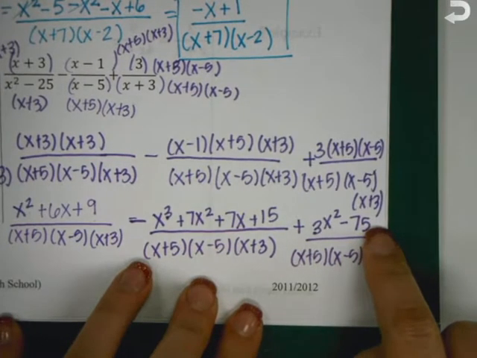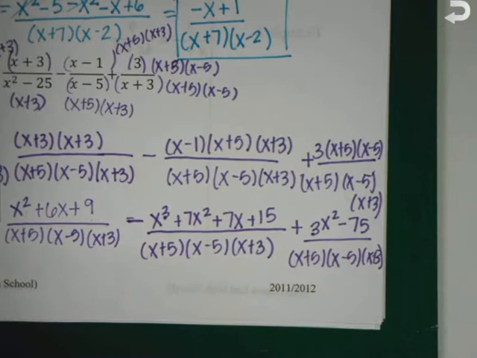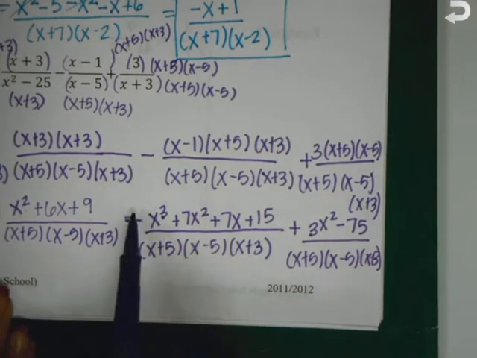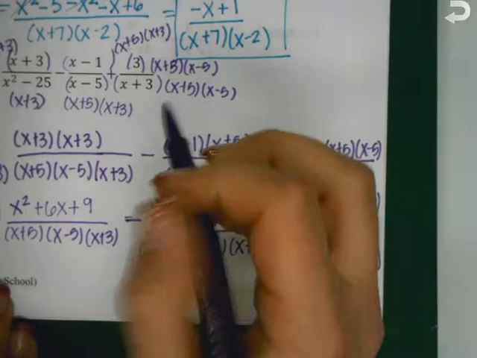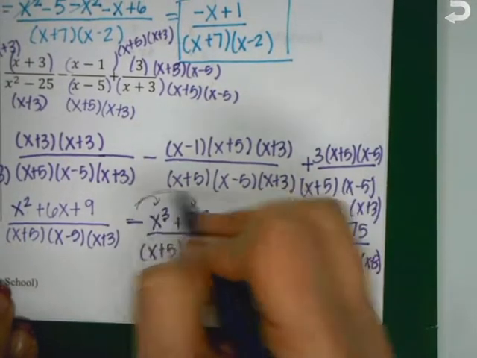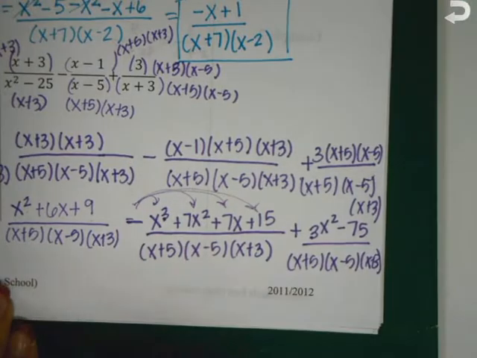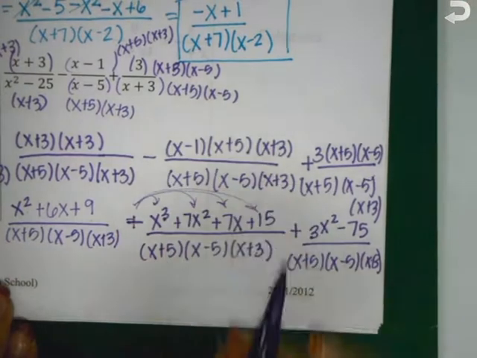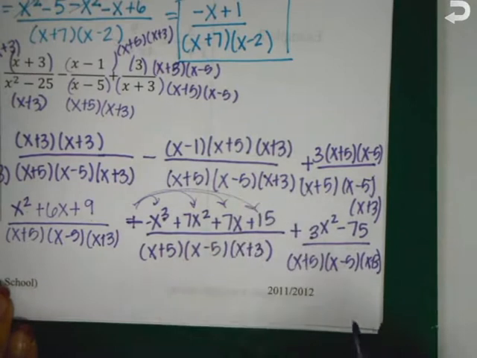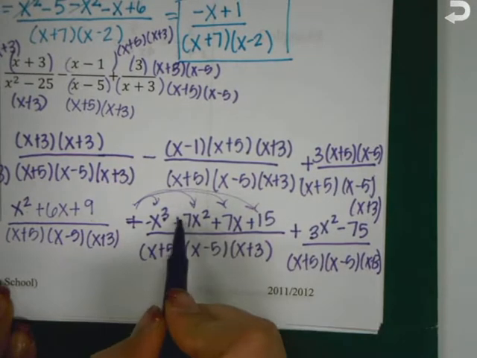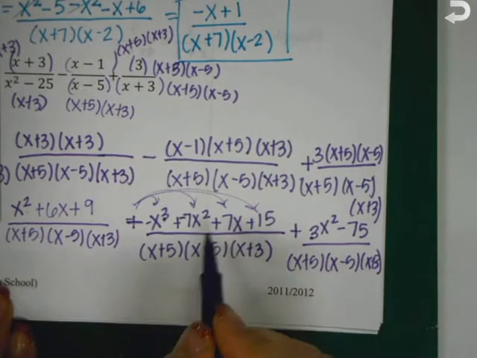Okay, now this negative distributes to everything over here, and then it becomes a plus. x³ becomes negative. 7x² becomes negative. 7x becomes negative. And 15 becomes negative. Is everybody okay with that?